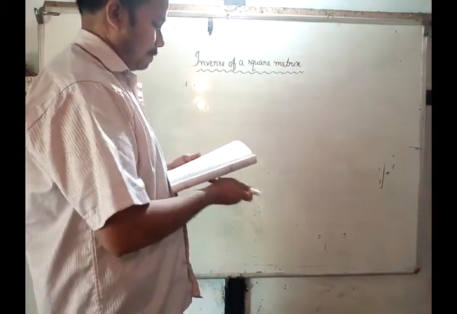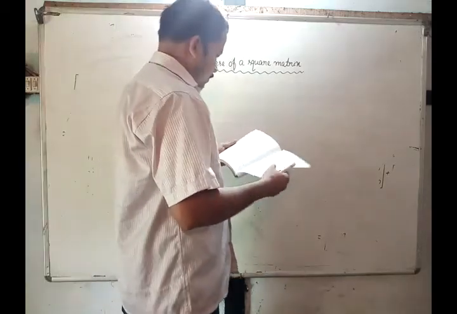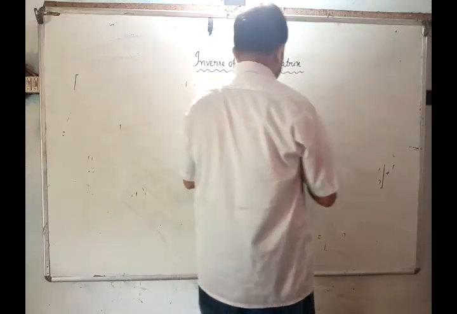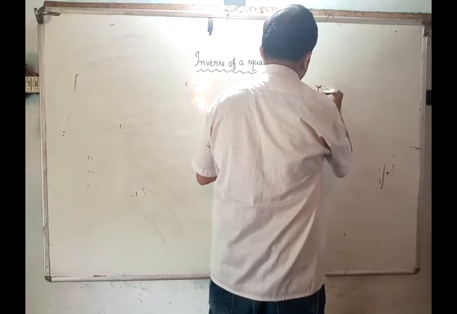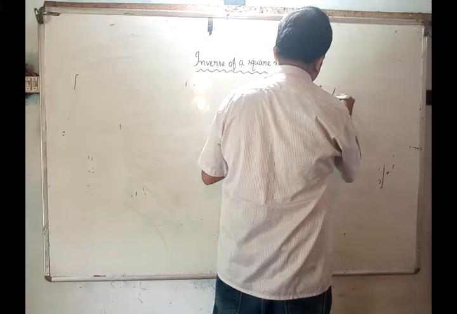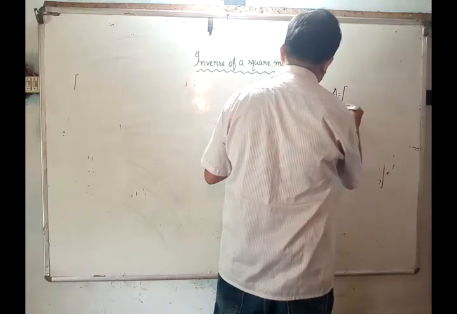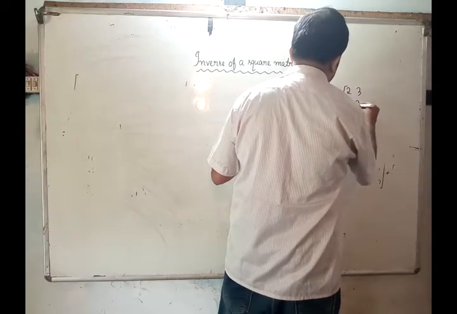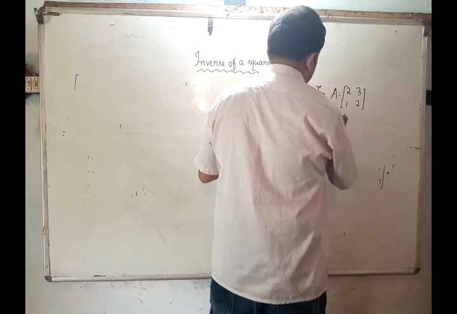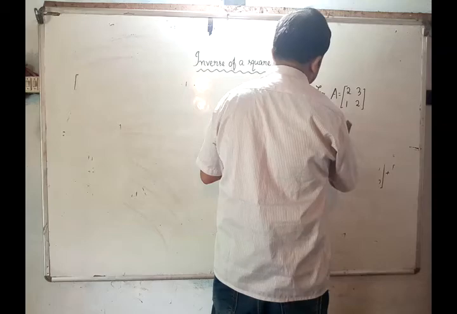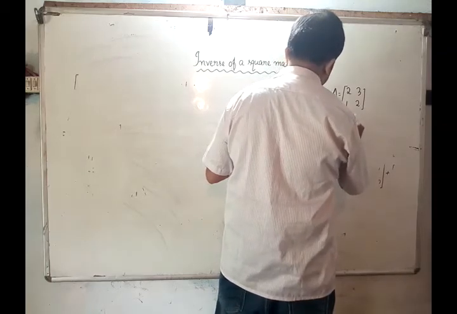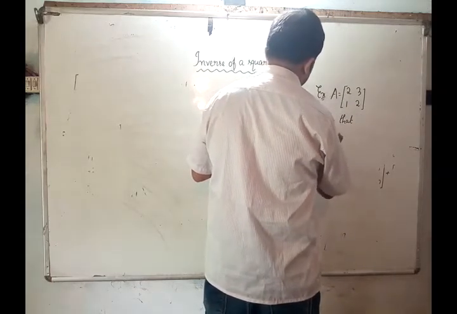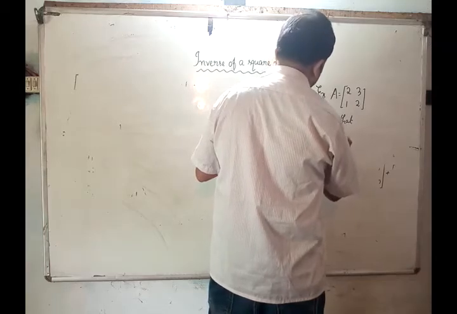The homework for you. Take the example: A equal to 2, 3, 1, 2, so that A square minus 4A plus I equals the null matrix.